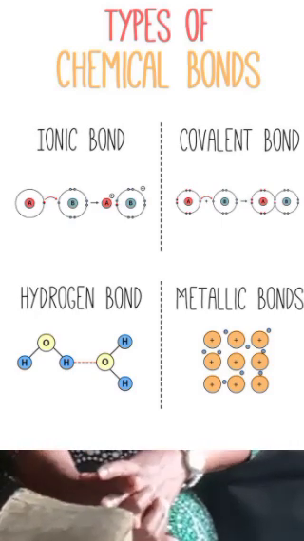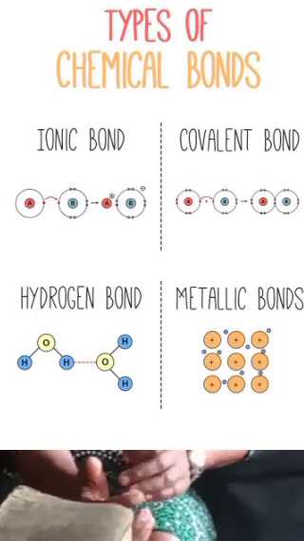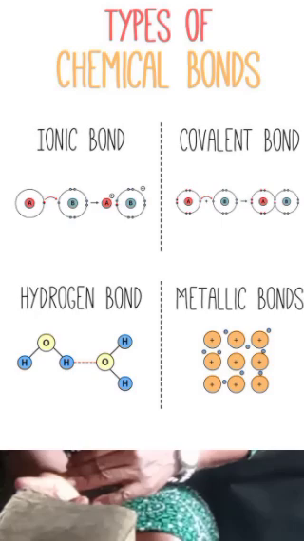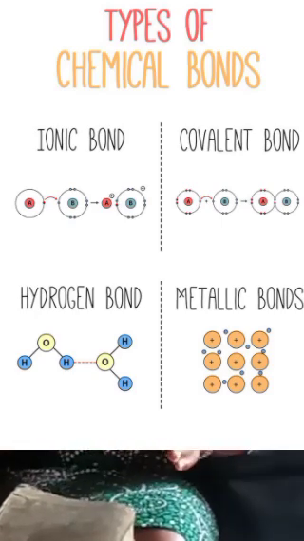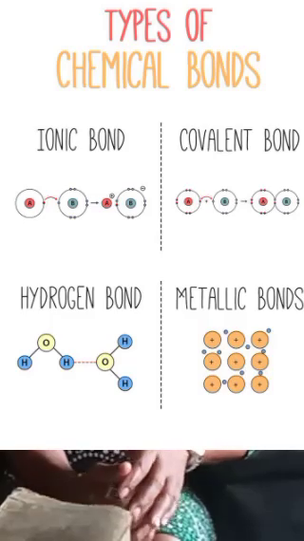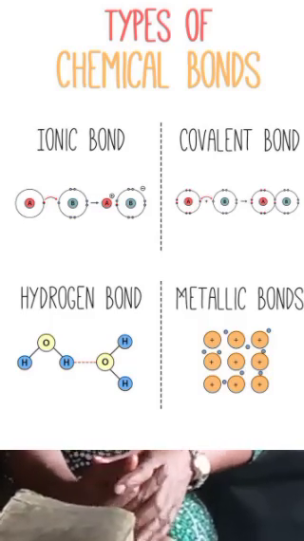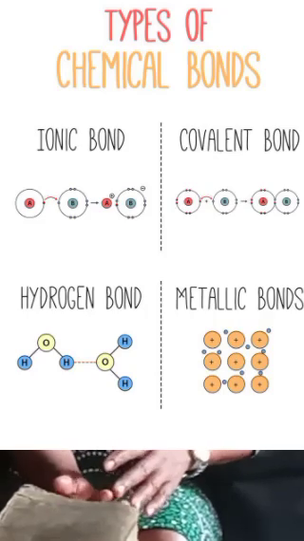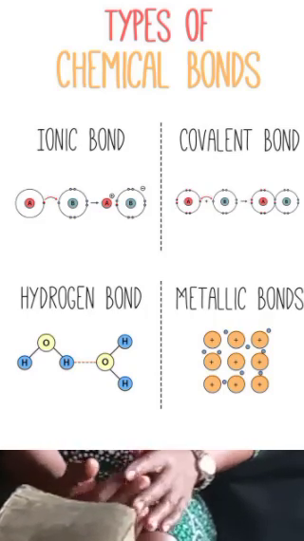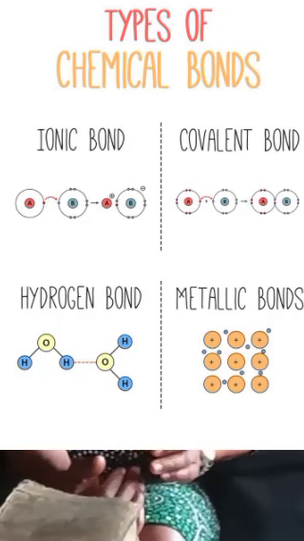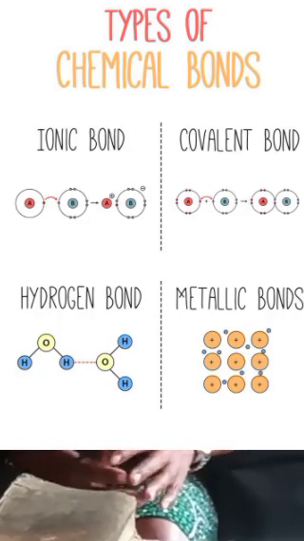Now, covalent bonding, that is another type of bonding. This one is formed between non-metals, mostly from group 4, group 5, 6 and the rest. The covalent bond involves the sharing of a pair of electrons between the atoms.